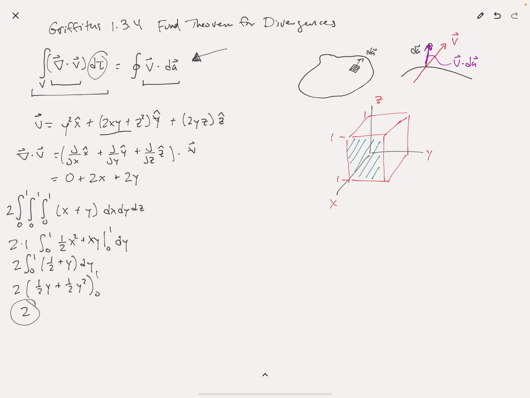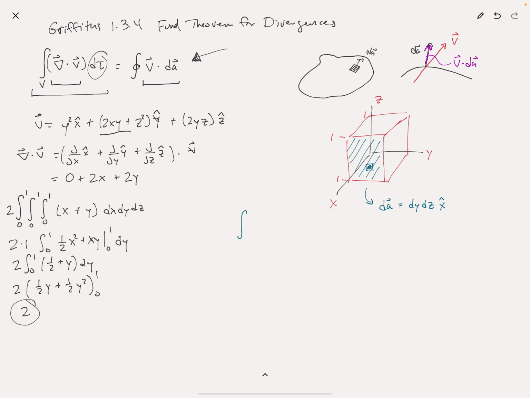The dA for this patch exists in the YZ plane, so that is going to be dy dz. Traversing this patch will be changes in y and z, but not x. The direction is normal to this plane, and it should face out of our closed surface, so that should point in the x hat direction, or out here.